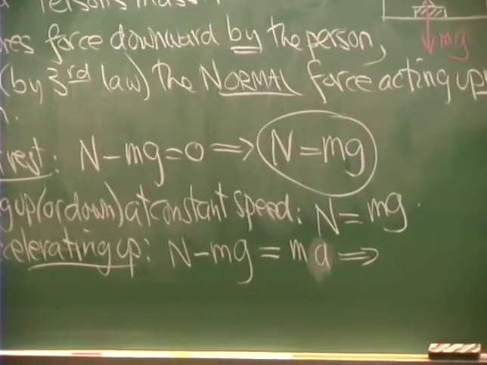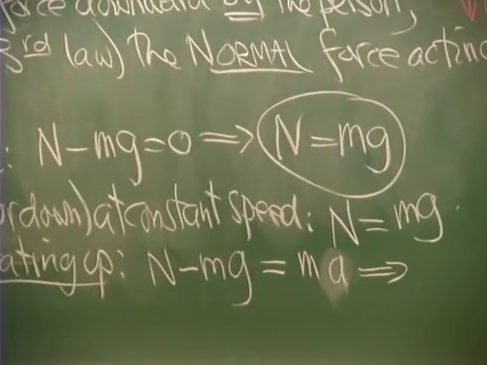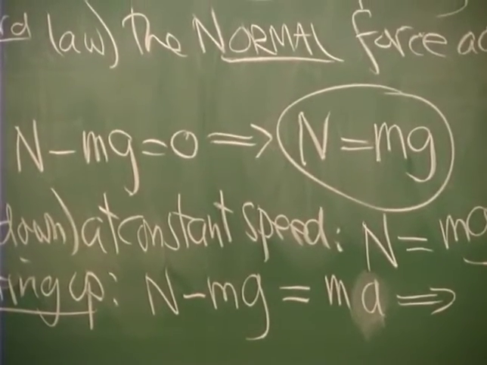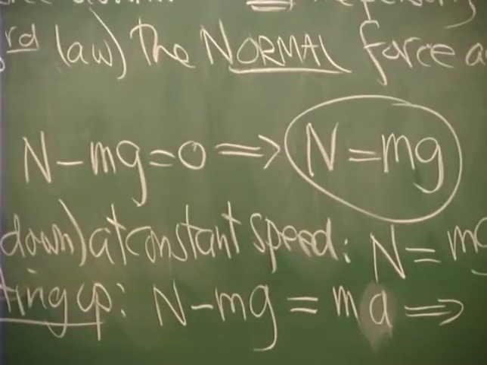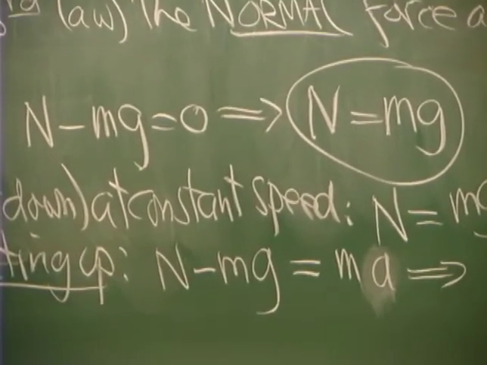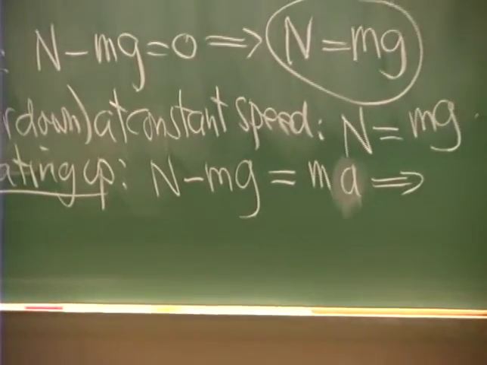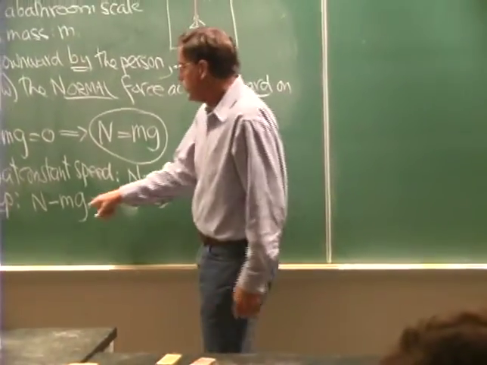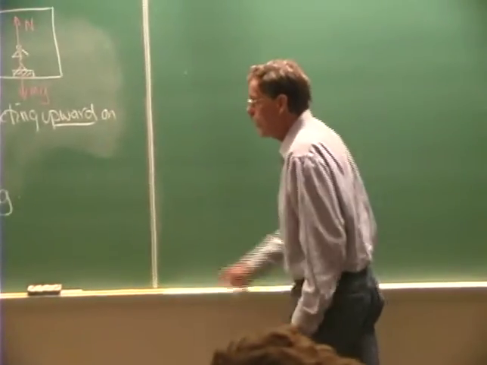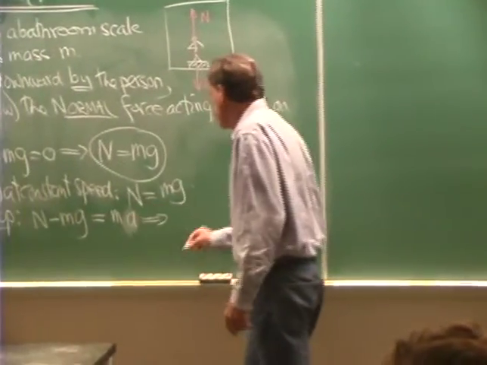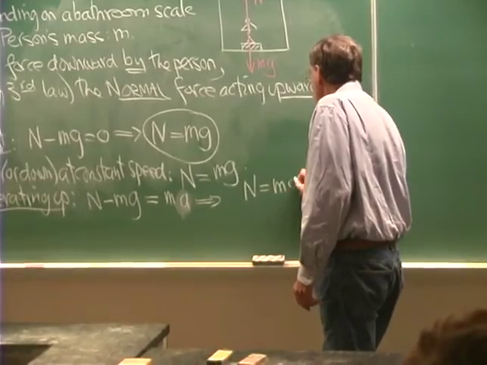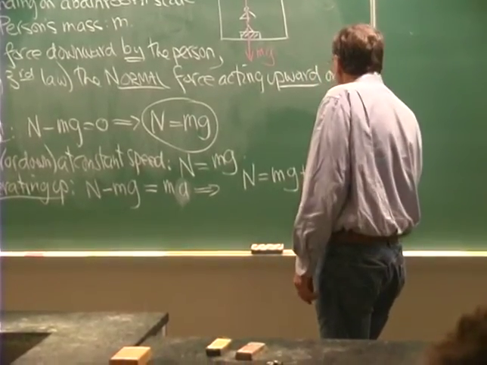Make sense? So we're talking now about a brief moment just after you step into the elevator on the third floor and it's at rest, you punch the button and it starts going up. Well, it's got to accelerate to get up to the velocity it's going to rise at. During that moment, it's accelerating upward. N minus mg is equal to m times a. If I pull the mg over to the other side, this tells me that N is equal to mg plus ma.